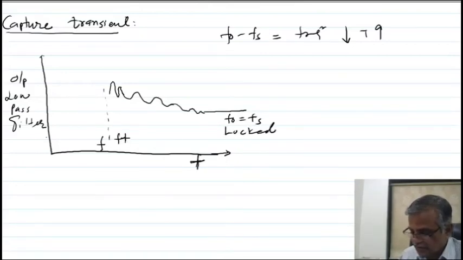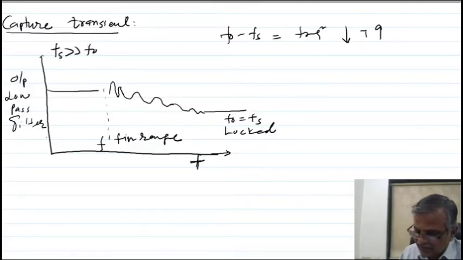Here is the F in range. Someone may say, sir, FS is much greater than FO, then what will happen? Then you will get unlock. PLL does not respond.